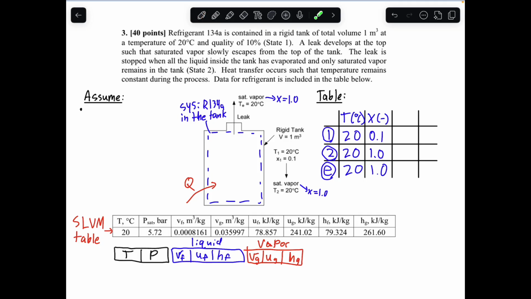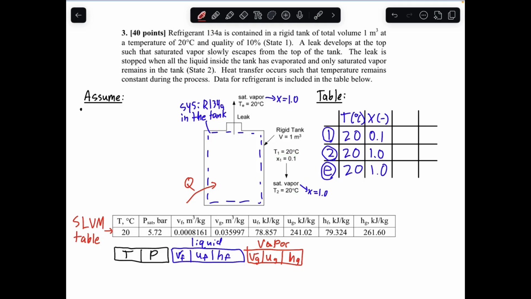And it's going to be going into our system because as this fluid leaves the system, it's going to take some of the energy in here outwards with it. And so, the temperature would naturally want to drop of the fluid in here. So if we supply some heat into it and basically replace that energy that's being taken out, then we can keep our temperature at that 20 degrees Celsius from state 1 to state 2.